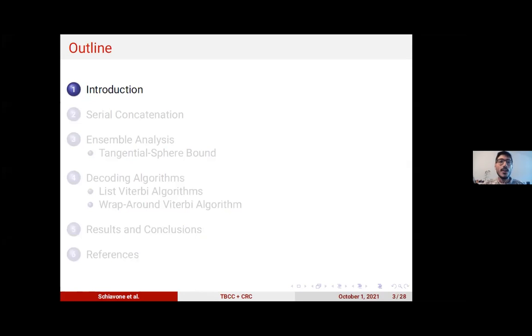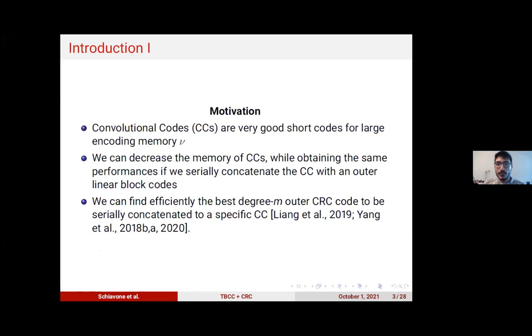Let's start. The main motivation why we decided to study the performance of convolutional codes is that they are very good short codes, and their performance is even better given that the memory of the convolutional encoder is larger.